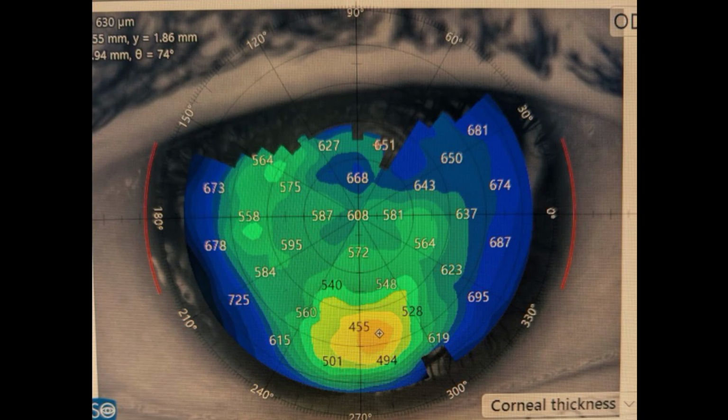Whenever you want to do a DALK, you have to make sure that the endothelium is viable, or at least good enough. In cases of herpes, which are considered high-risk transplants, DALK is much more advantageous and has a great safety profile.